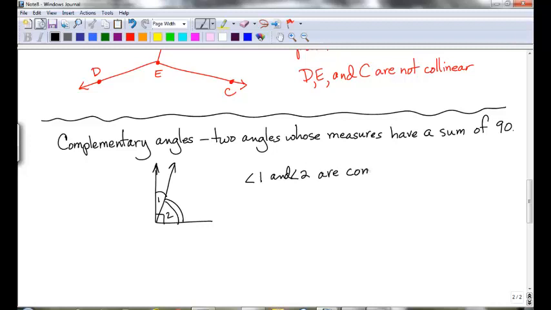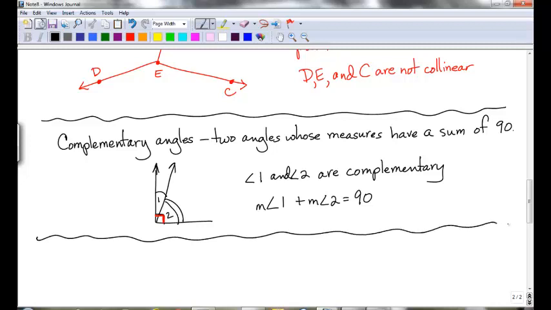They add up to 90, so you should be able to add them together. The measure of angle 1 plus the measure of angle 2 should equal 90. And the author is going to usually use a little red symbol like that to show you it's 90 degrees. You may have to make that larger on your iPad so that you can see it. Complementary adds up to 90.